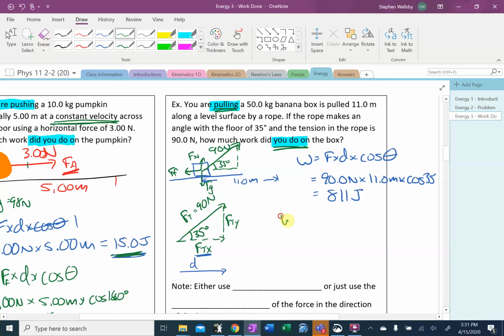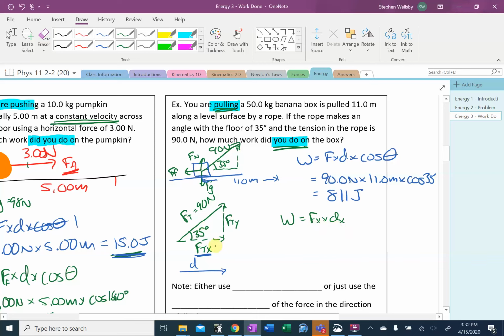So it's going to be the force in the x direction multiplied by the displacement in the x direction. What we're concerned about is the two components facing the exact same direction as before. So if I want to solve for Fx, I have to take a little detour here.